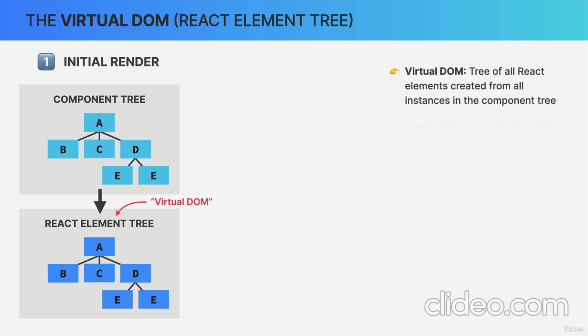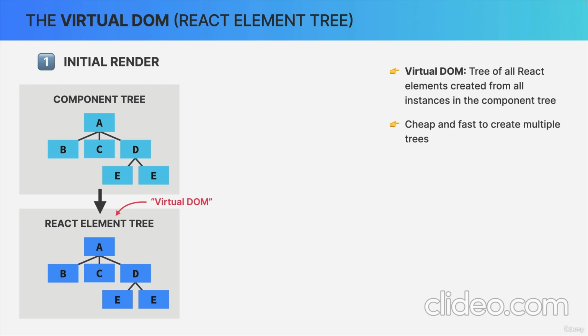It's relatively cheap and fast to create a tree like this, even if we need many iterations of it, because in the end, it's just a JavaScript object. Now, virtual DOM is probably the most hyped and most used term when people describe what React is and how it works. But if the virtual DOM is just this simple object, it's actually not such a big deal, right?